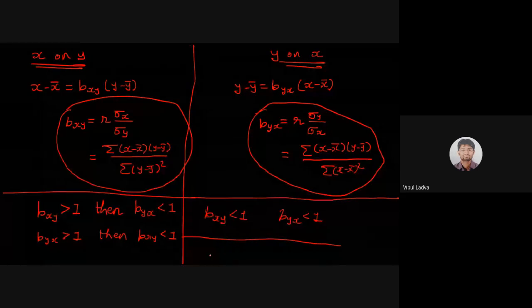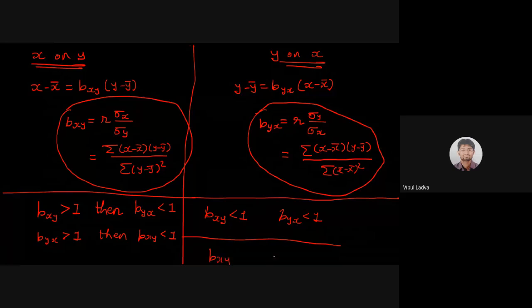That bxy and byx both have a value greater than 1. It is literally impossible. This is what the second property says.